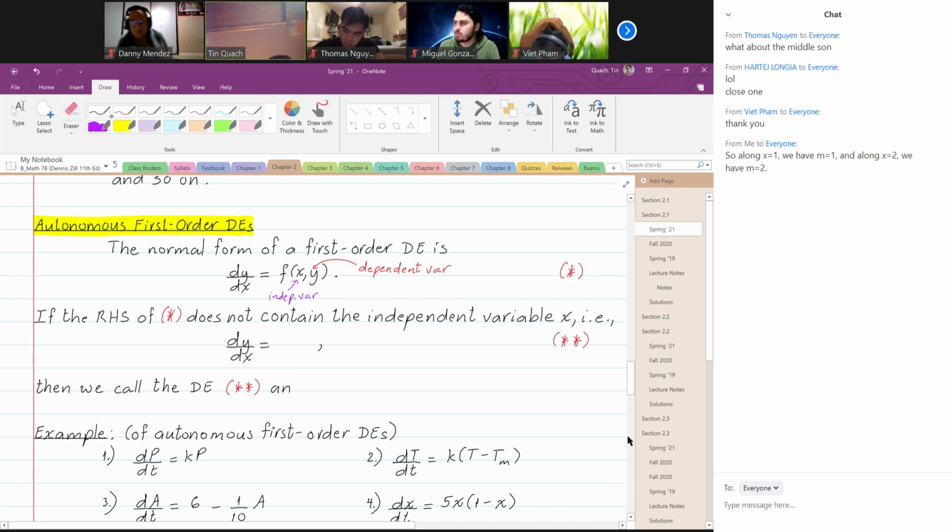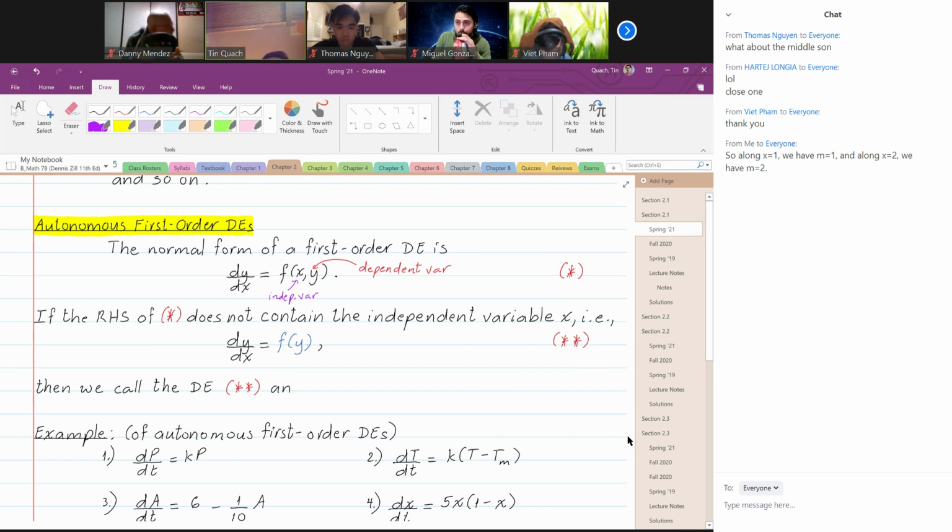Okay, so now, if the right-hand side of that equation does not contain the independent variable x, that is, if the right-hand side is just a function of the dependent variable only, then we call that an autonomous differential equation, okay? So that's what it is.